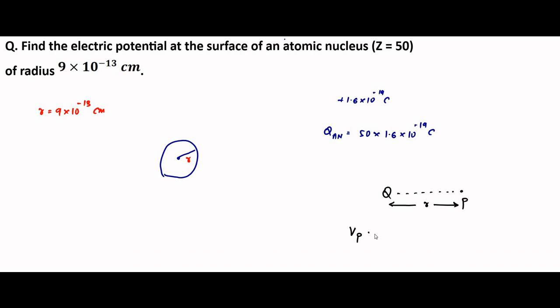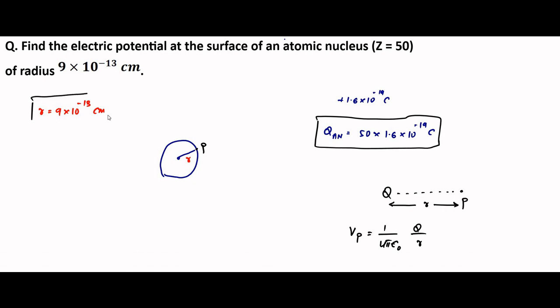So the formula of electric potential at the point P is equal to 1 by 4 pi epsilon 0 Q by R. This is the formula. So here we will be doing that. Here the total charge is because of the atomic nucleus, positive charge. The potential at the surface we have to calculate, so we have to consider this as the separation distance R, the radius of the nucleus.